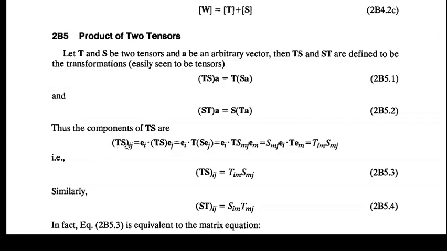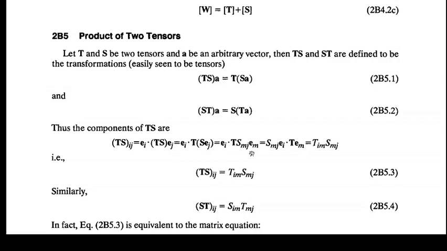Here again we are finding the components of this product. So we have to go by definition. The ijth component of this product TS equals Ei dot TS Ej. Now here we will use the definition of this product: T of S Ej, and here we are using S Ej equals Smj Em.